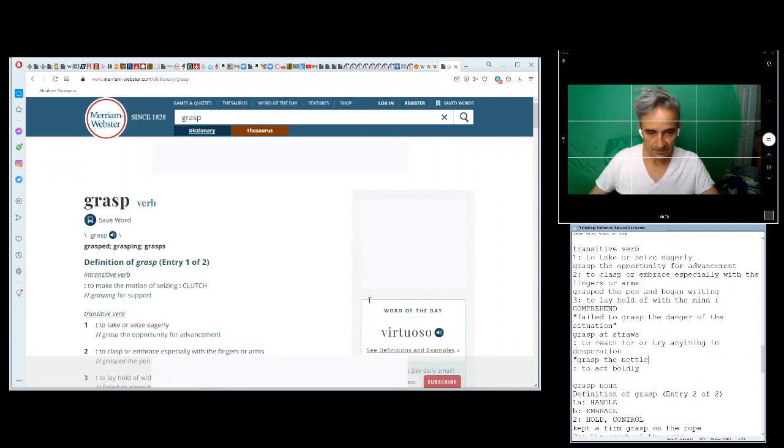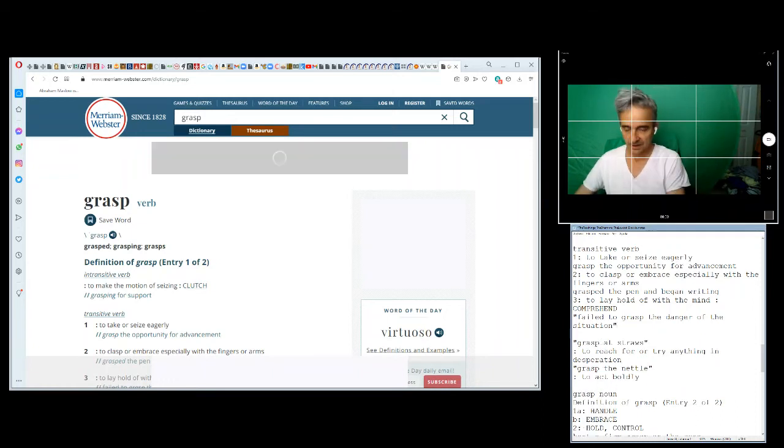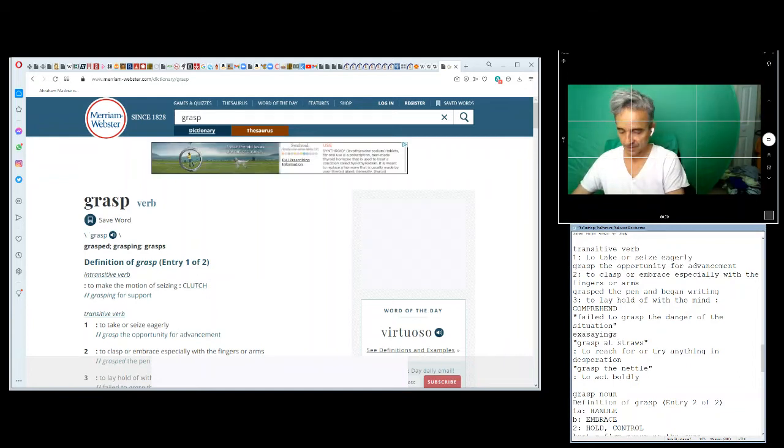Grasp the opportunity for advancement. Grasping for support. Grasp. Definition of intransitive verb. Okay.